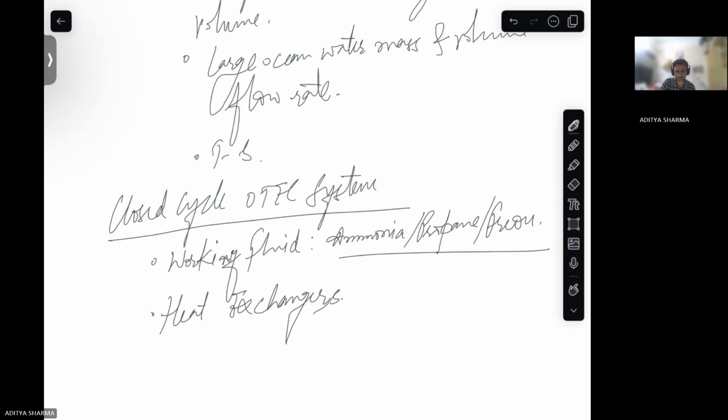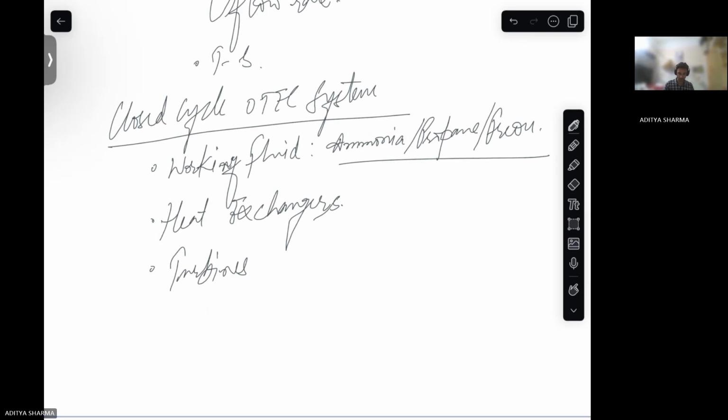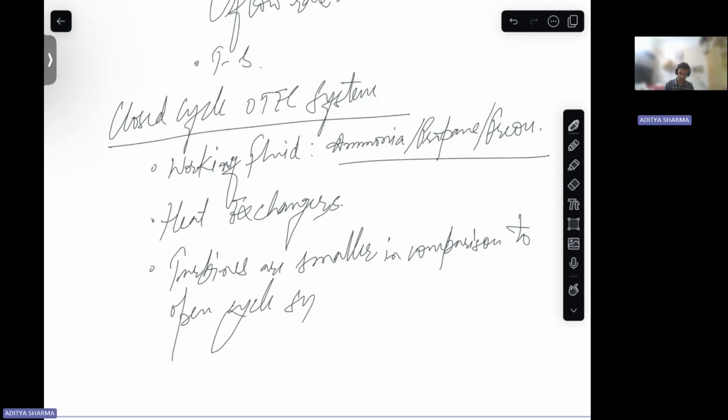Then here the turbines that are to be used are smaller in comparison to your open cycle system. So this is your closed cycle OTEC system.